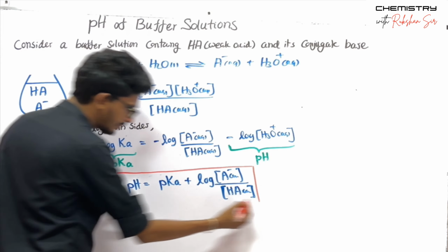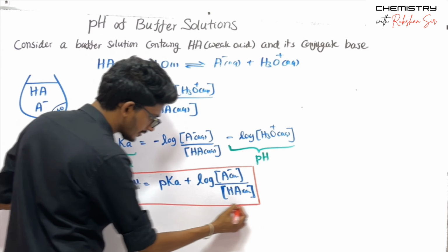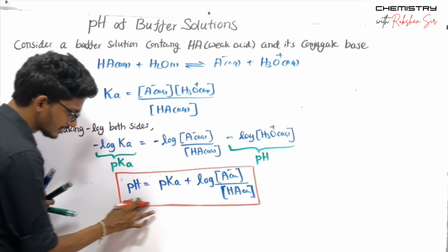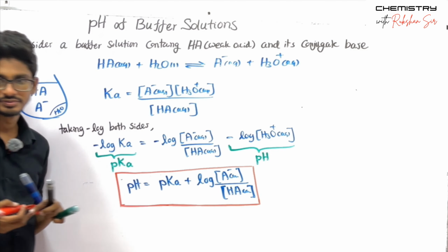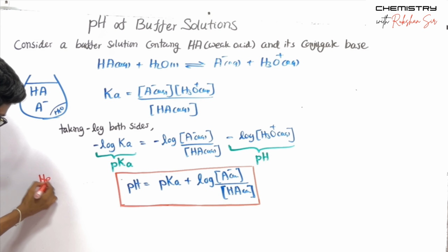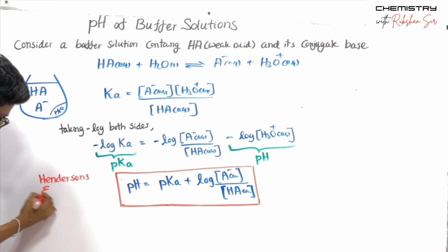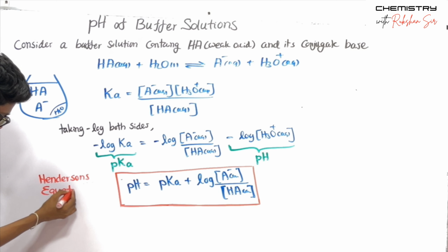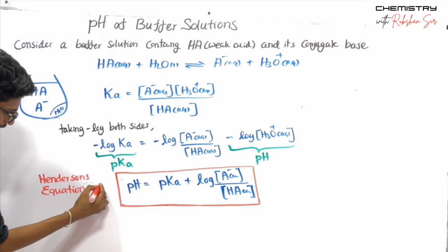So this equation can be used to come up with the pH values of buffer solutions. To do the buffer calculations, this equation is the one we are frequently using. This is referred to as the Henderson-Hasselbalch equation, or simply Henderson's equation.